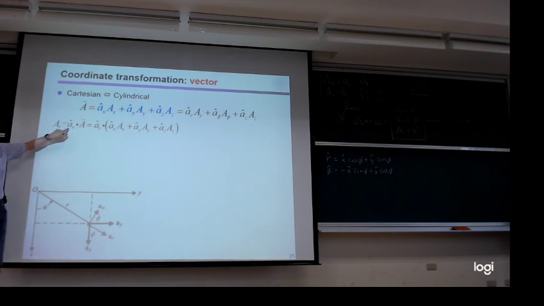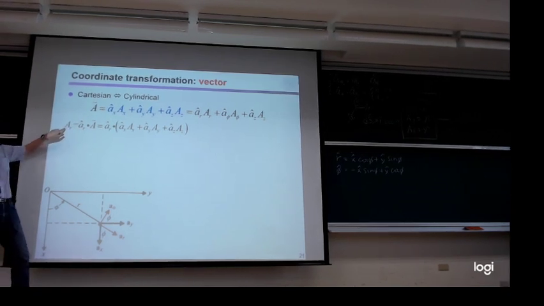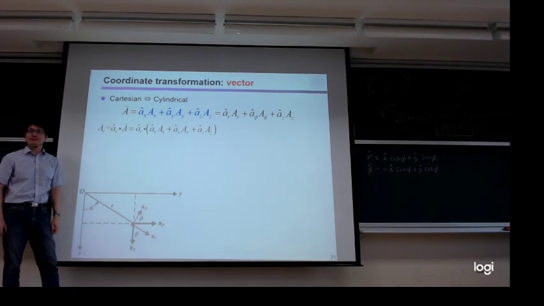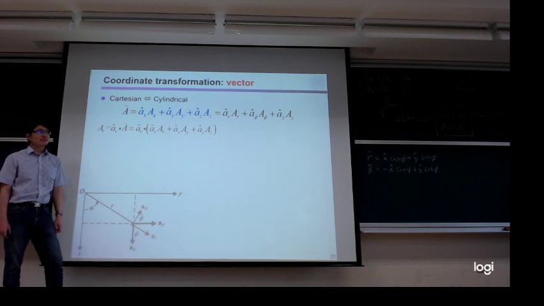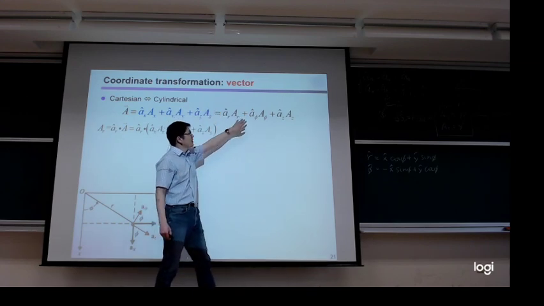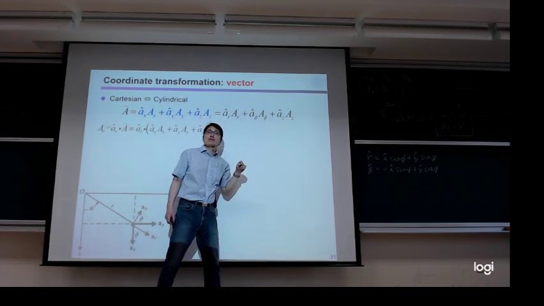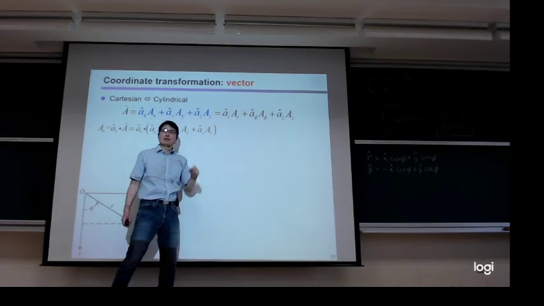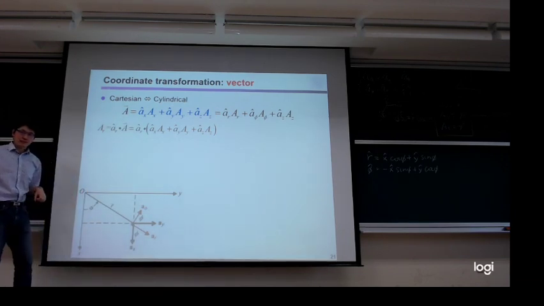For example, if the entire A vector is making an inner product with a_r, I would extract this Ar component, right? Because by making an inner product with the radius unit vector, these two vanish. These two are just gone. They're orthogonal. You only extract this component. Okay?